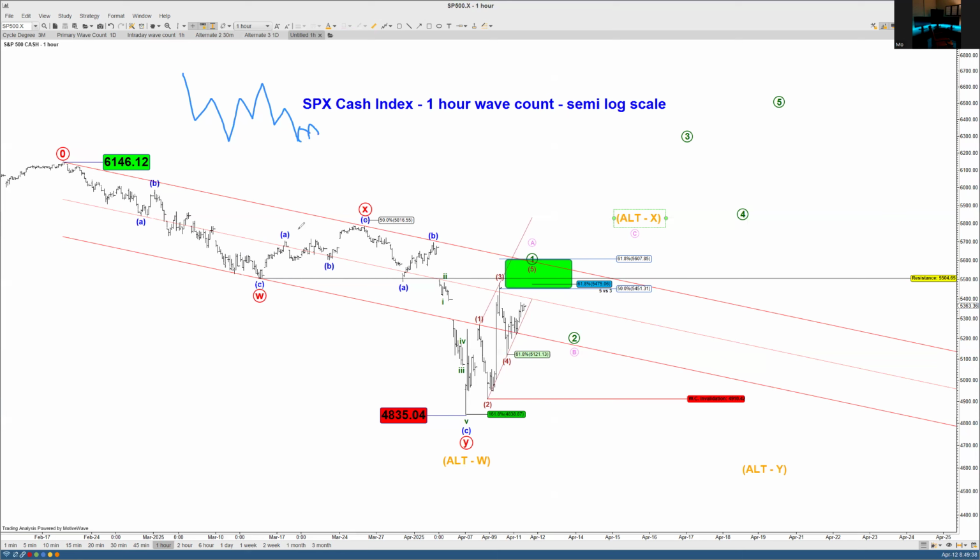I've studied this index for over a decade now, or any Mag 7 as well.